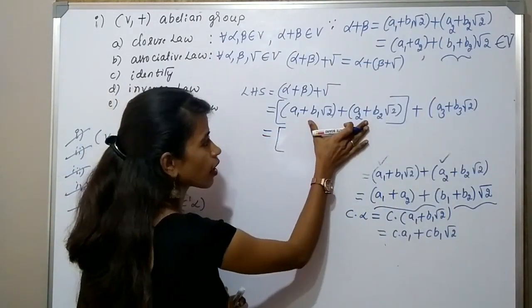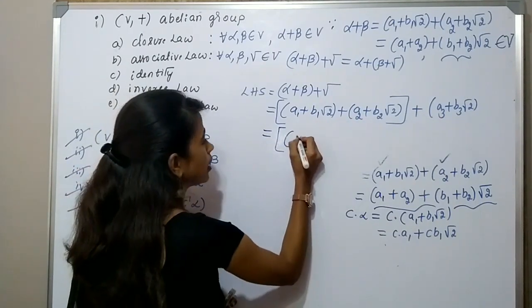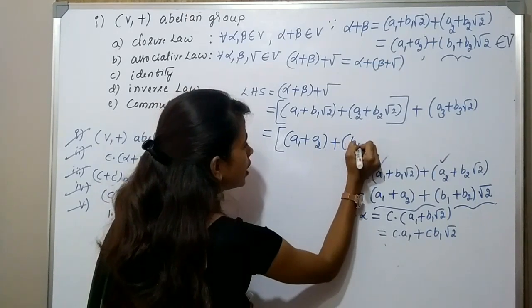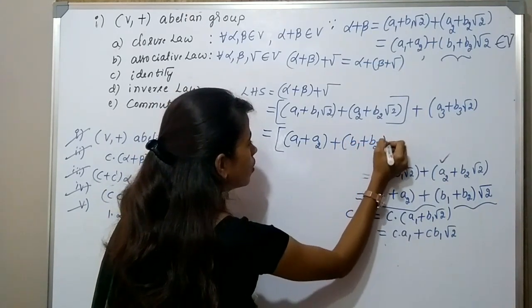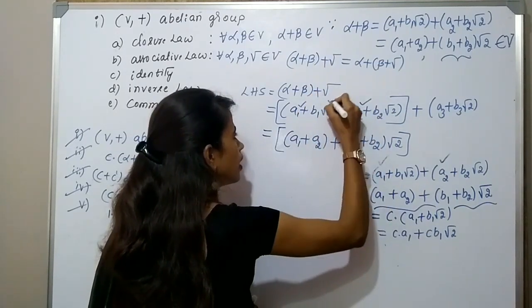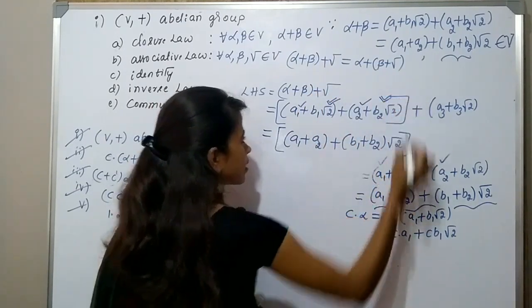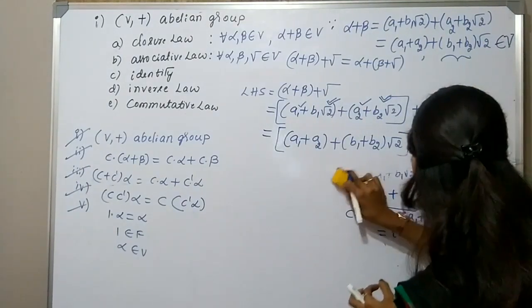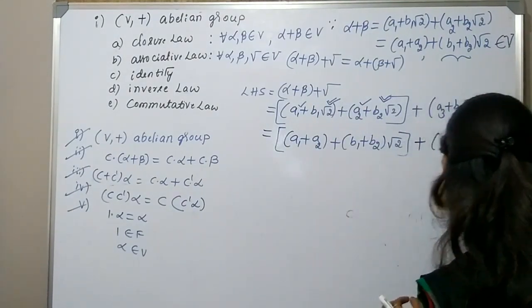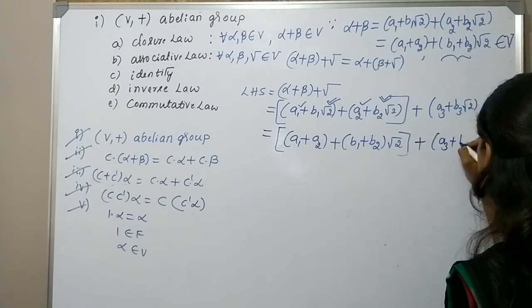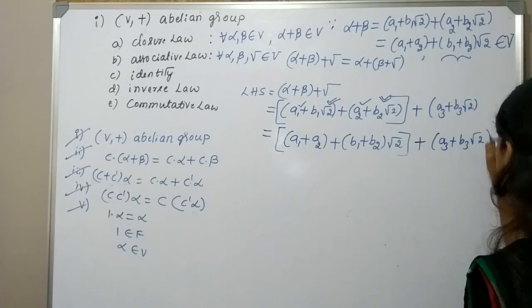So here, addition of two elements is A1 plus A2 plus B1 plus B2 root 2. Take these first, then B1, B2 next. So now plus A3 plus B3 root 2.